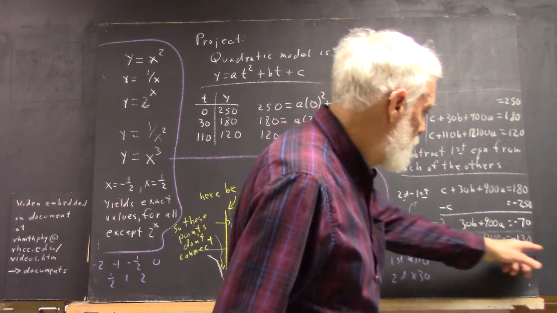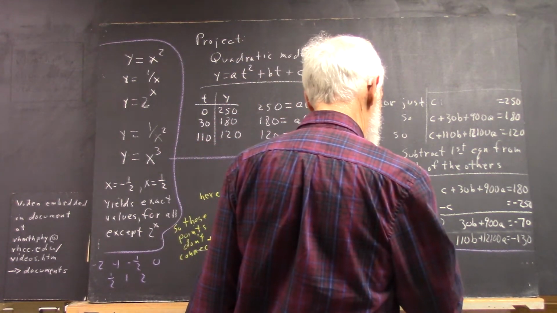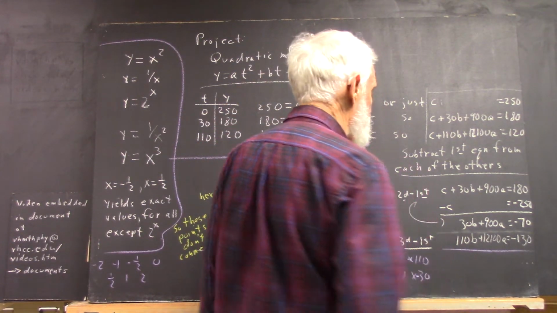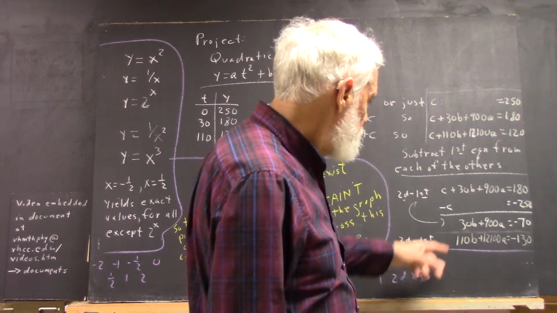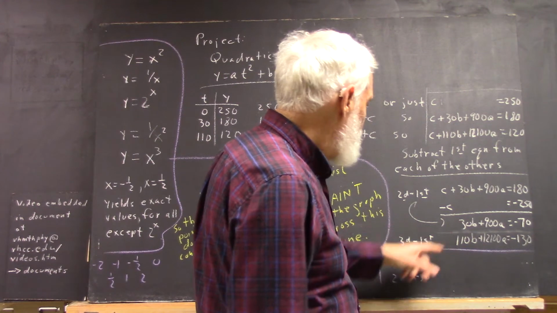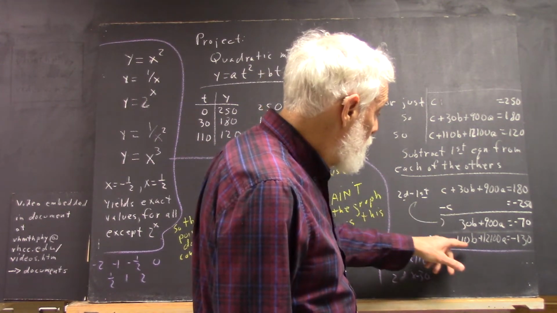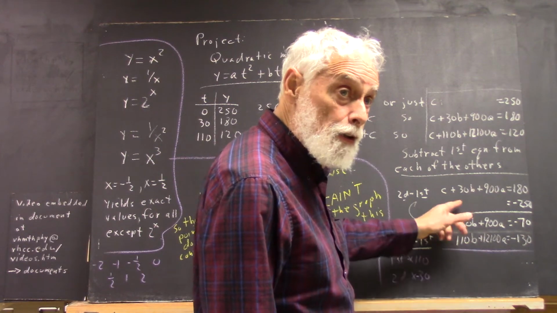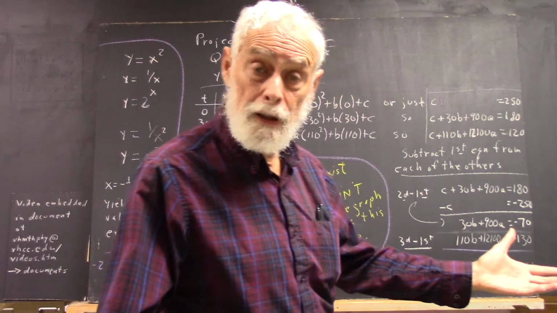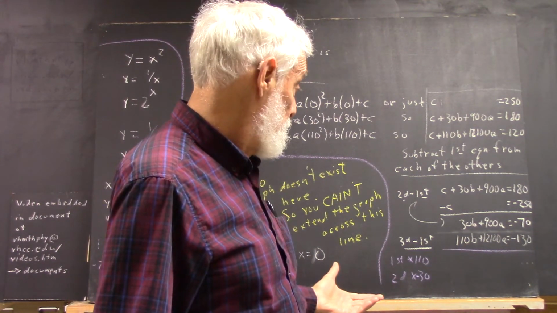So I'm going to multiply everything here by 30, and actually I'm going to do it by negative 30. Why? Because that's going to give me 110 times 30b up here, and negative 30 times 110b here. They're going to be equal and opposite, and the b's are going to go away.